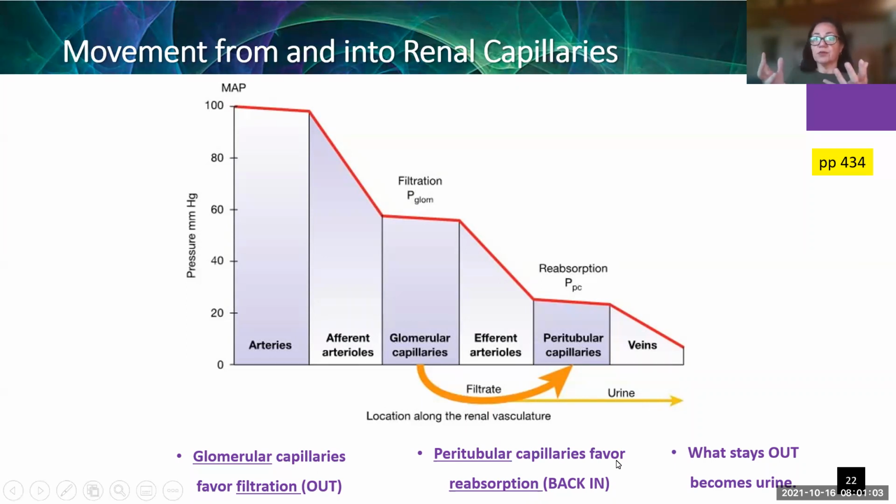That favors pulling things back in, reabsorption. And so much of what got dumped on the floor is going to get pulled back into the peritubular capillaries. The stuff that stays out in the filtrate is the stuff that's destined to become urine. So what stays out becomes urine.